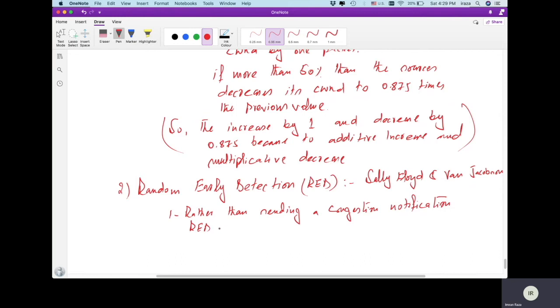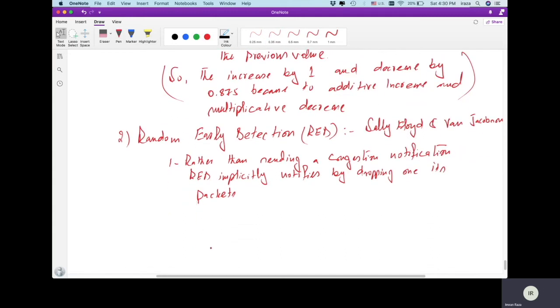So there are no specific congestion bits used to indicate congestion.